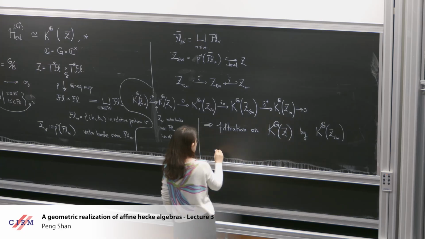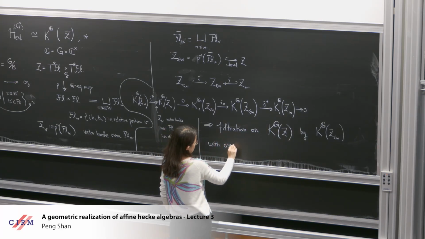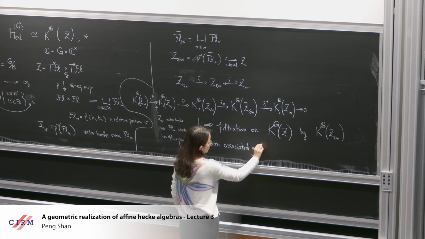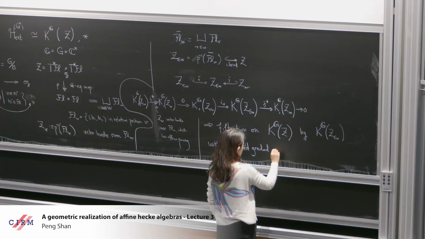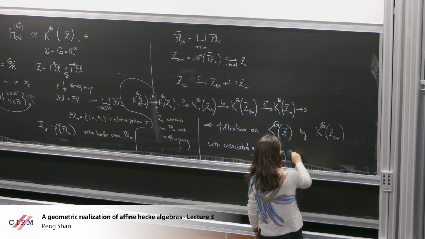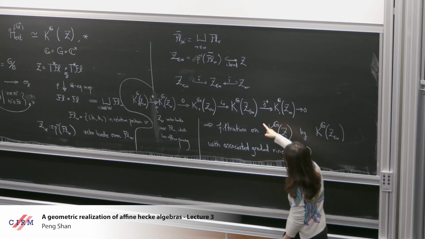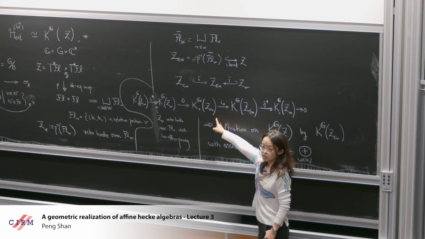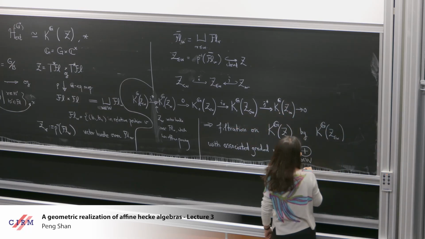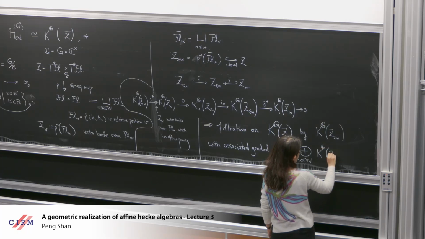Whose associated graded is isomorphic to, so on the associated graded ring, you take the quotient of this by lower terms, and then by this short exact sequence, you identify it with this. So this is isomorphic to just K^G of this Z_w.